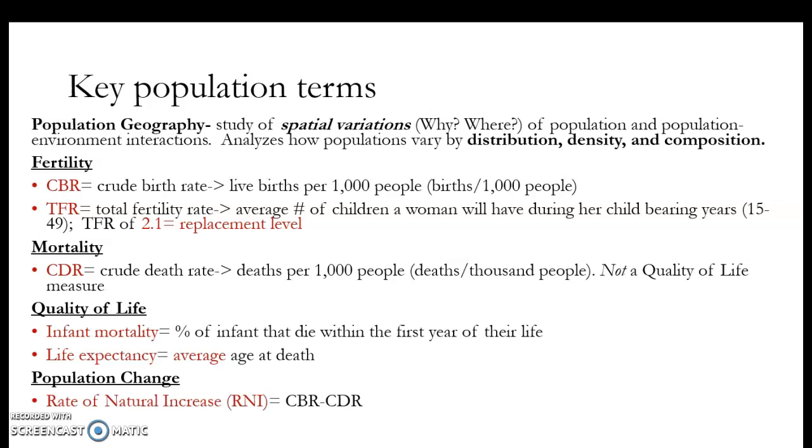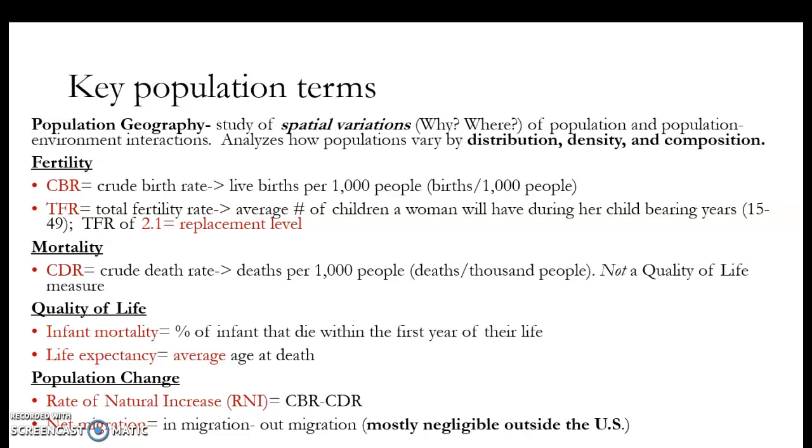And then population change. Generally, the RNI, the rate of natural increase, which is simply CBR minus CDR, fits most countries. Some countries, primarily the United States, also need to throw in net migration, the difference between in-migration and out-migration.